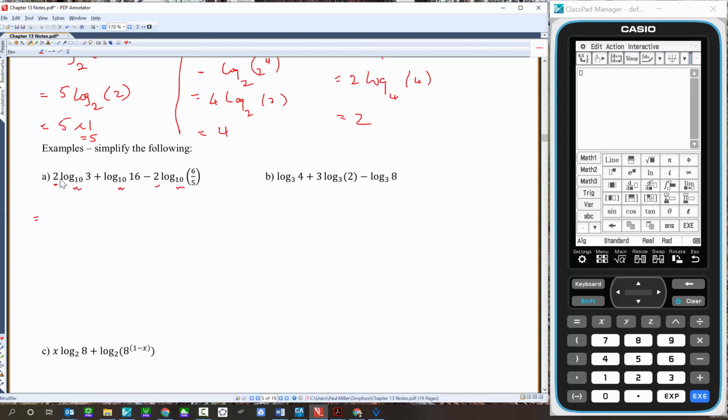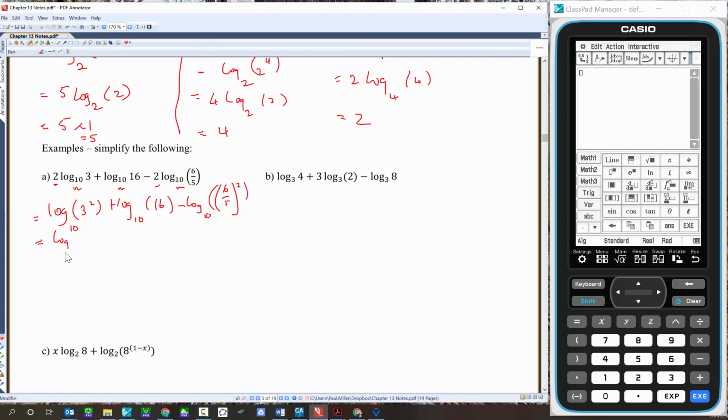We need the logs to have a coefficient of 1 if we want to run these laws. So that's log base 10 of 3 squared plus log base 10 of 16, take away log base 10 of 6 on 5 all squared.